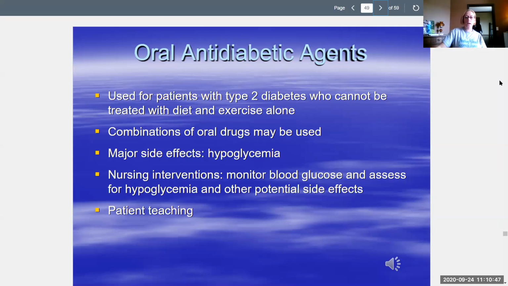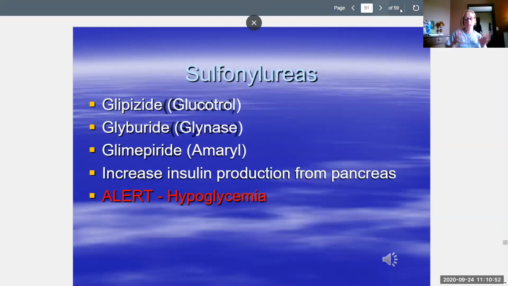So with these, I have made silly little sayings in order to remember the classification, what drugs are in that classification, and where they work, because those are all things you need to be mindful of, especially the ones that work in the liver. Those patients need to be monitored closely for liver dysfunction, having their liver enzymes checked, knowing the signs of impaired liver function, like darkening of their urine.